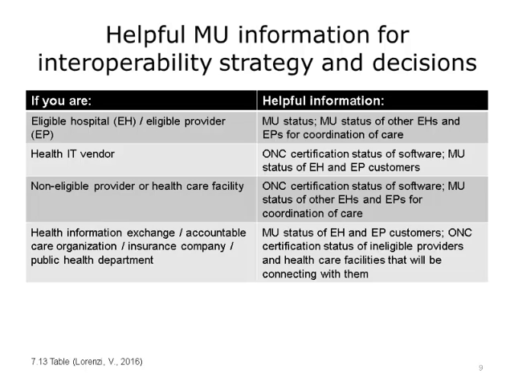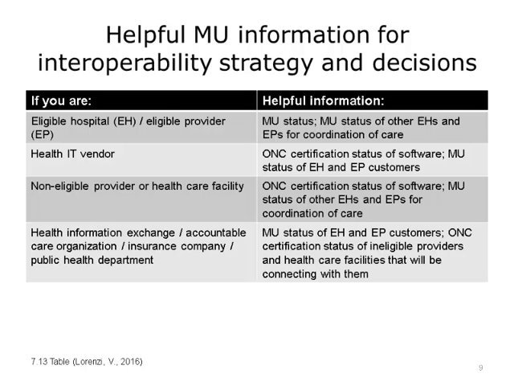Again, knowing about meaningful use, health IT policy, and ONC certification are very important for planning strategy and making decisions regarding interoperability. The table on this slide summarizes the kind of information you would need from various stakeholder perspectives to help implement or advance interoperability.